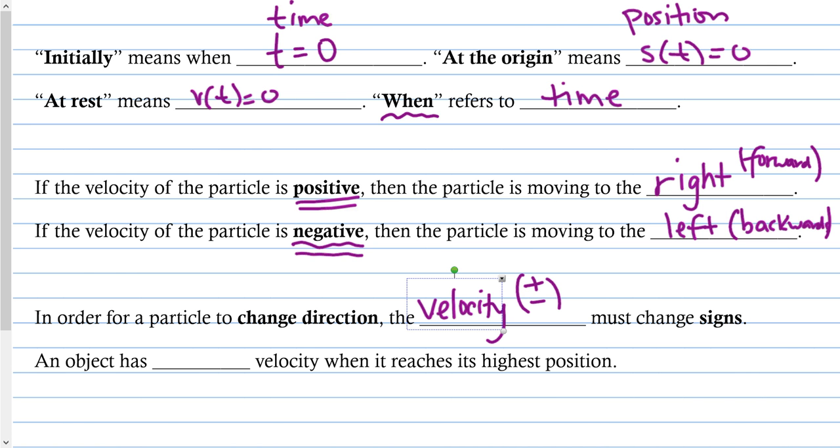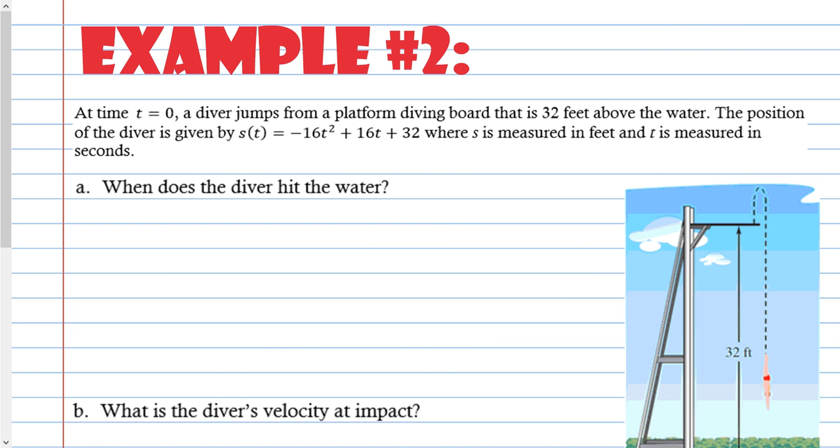So plus and minus. Let's just leave that there. Okay, an object has 0 velocity when it reaches its highest position. Okay, so you need all of these to answer some problems.